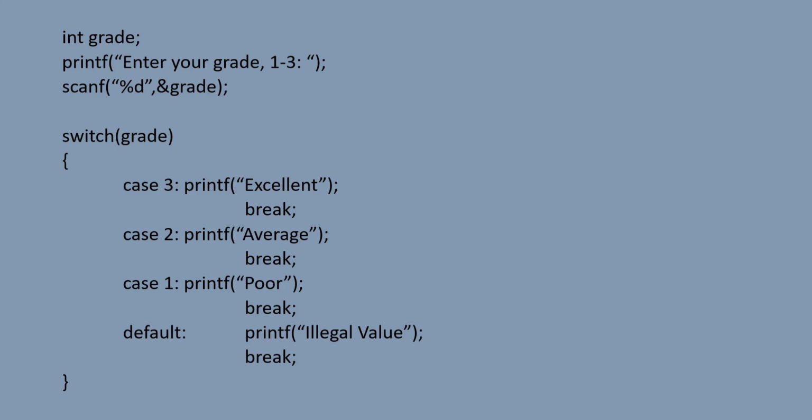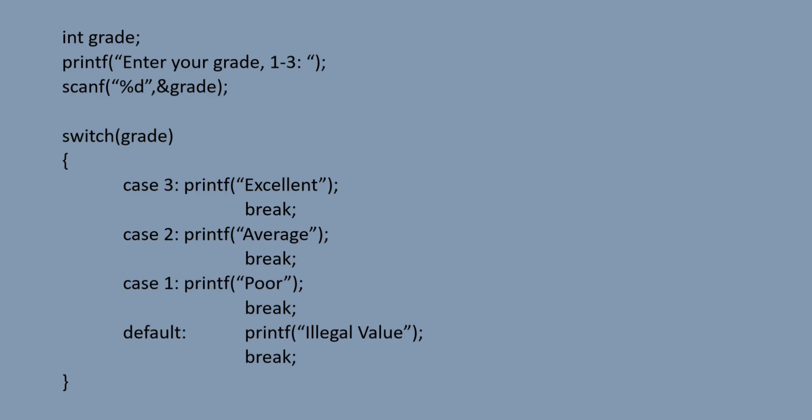Say the user put in that they got a 3 for their grade. By implementing this switch statement, it's going to search for the same value as the variable we're feeding it, grade. So let's say you put in 3, it's going to try to find case 3.